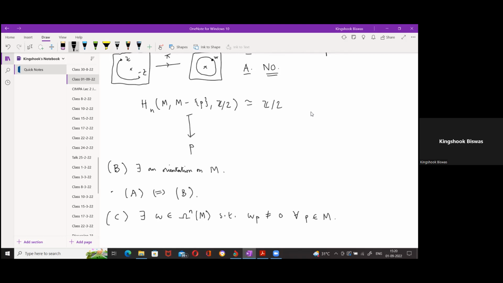Remember, this means that on each tangent space, we have a non-zero top degree form, and that defines an orientation. We did this when we were talking about orientations on a finite dimensional vector space. So this will give you an orientation on each tangent space. Okay, so let me stop this session. We're out of time, and we'll start another session.